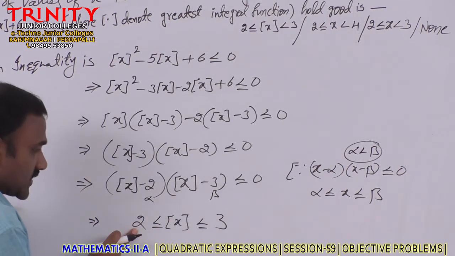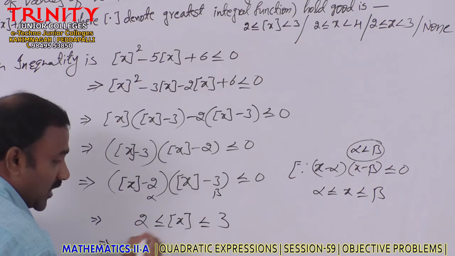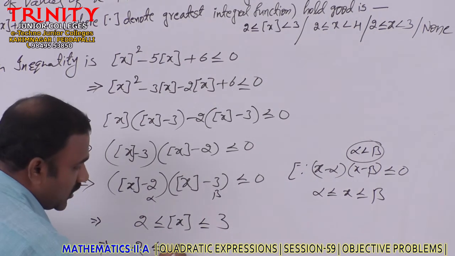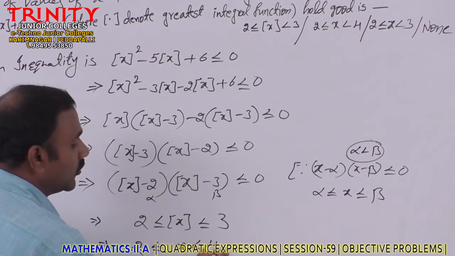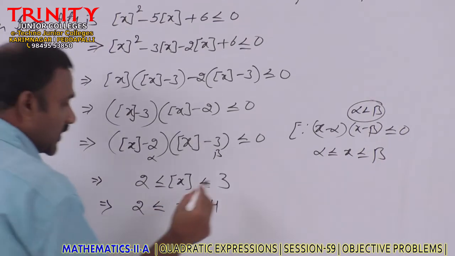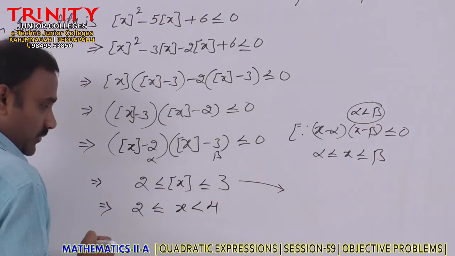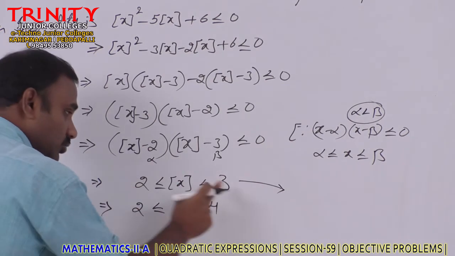See, 2 ≤ [x] ≤ 3 is equivalent to 2 ≤ x < 4. Why? What is the meaning of this? [x] will take the values 2 and 3.